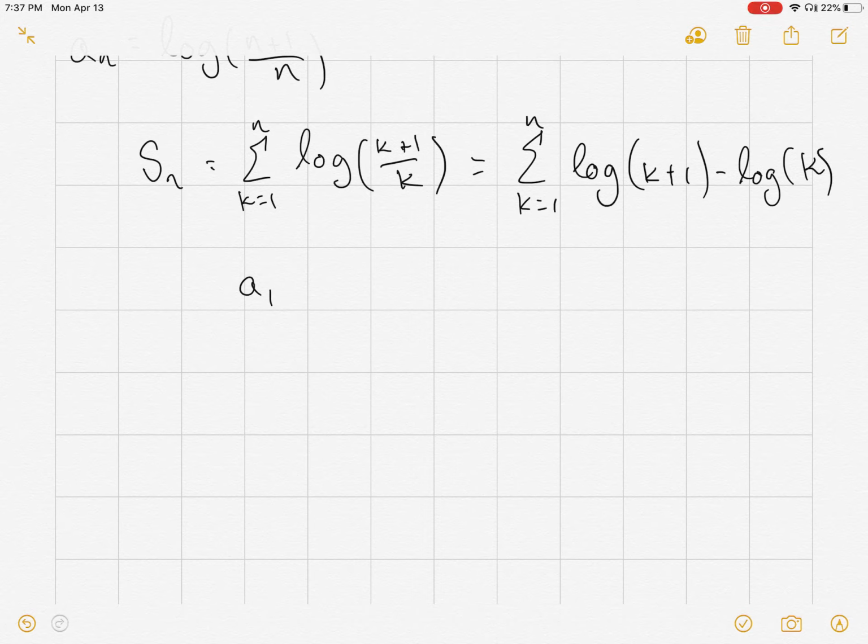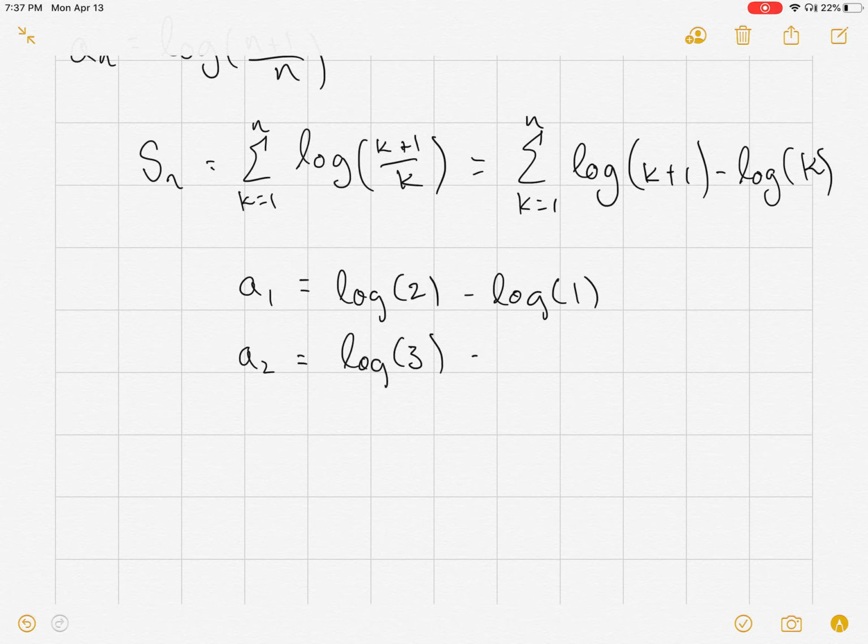Right? So our A1 is going to be equal to log of 2, or that k plus 1, where 1 is our k value here, and then minus just log of 1. Our A2 is then going to be our log of 3 minus our log of 2.